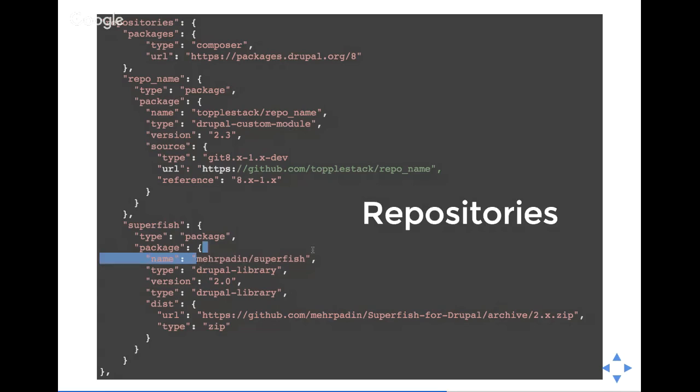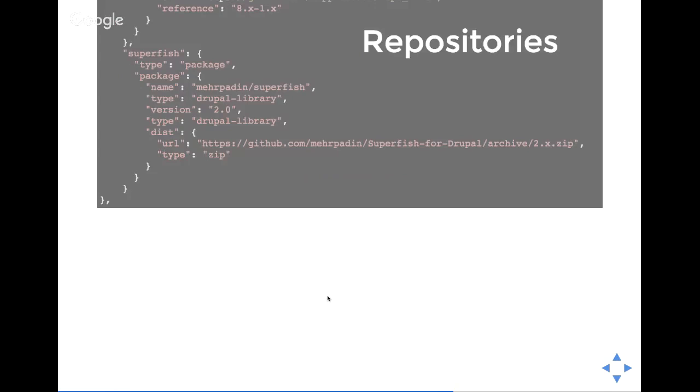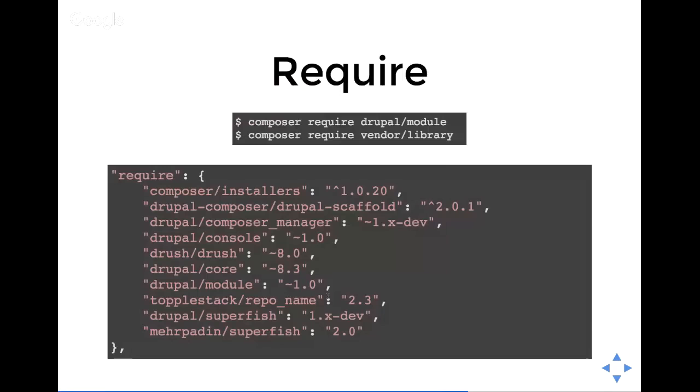Where we say name, we'll get into it next on the require, but basically that's what you would require if you were going to pull this in. And we'll get into that here. So the Composer require command, like I mentioned, is how you install a Drupal module.